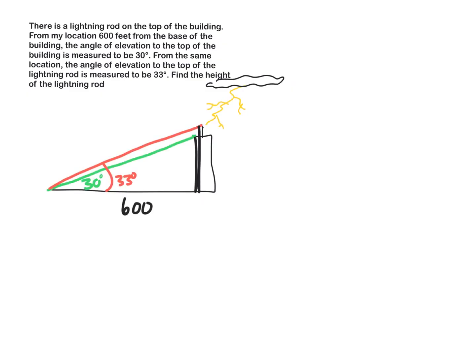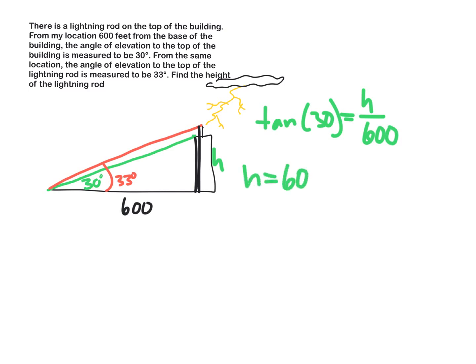Let's start with the green triangle to find its height. That would be the tangent of 30 degrees is equal to the height of the building over 600. So H is equal to 600 tan 30.